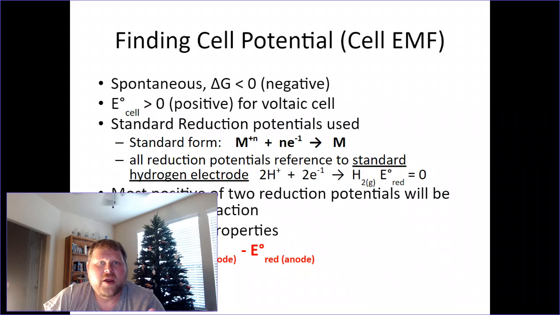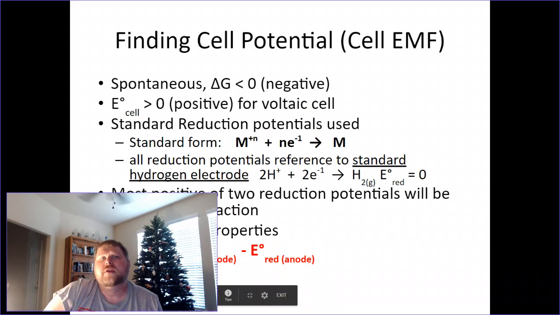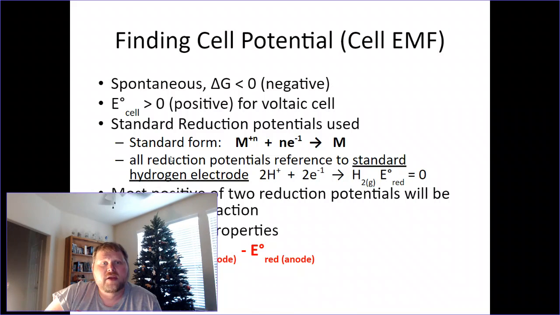Now, there's no great reason for us to do that. It was just decided many, many years ago that that's kind of what people wanted to look at, reduction potentials. They could have done oxidation, but they chose to do reduction potentials. Now, where did the numbers come from? Well, again, it was decided when this was first getting started. If you look in the middle of the screen on the PowerPoint, they decided to use hydrogen reduction as the standard.